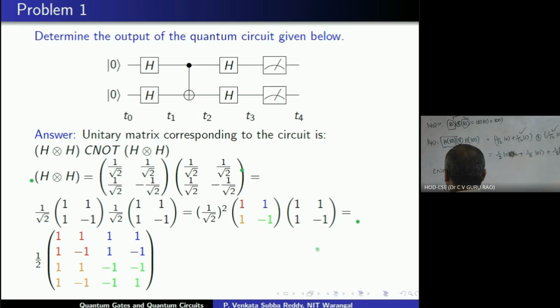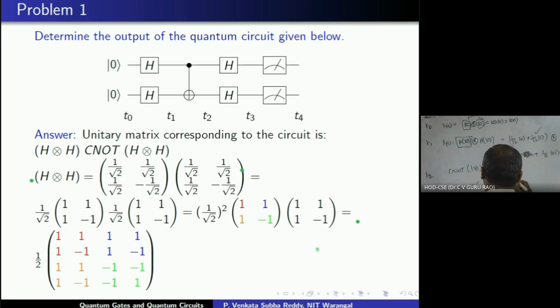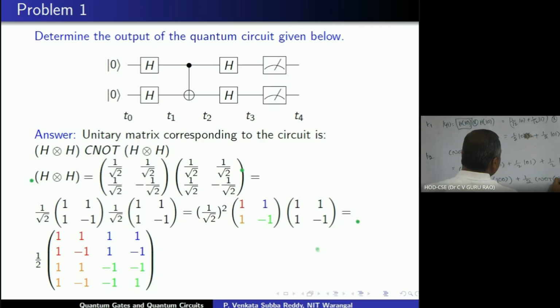C naught of 1 by 2 ket 00 plus 1 by 2 ket 01 plus. Now by linearity, 1 by 2 I can take outside: ket 00 plus 1 by 2 outside, C naught on ket 01.